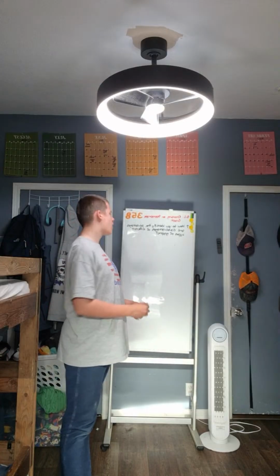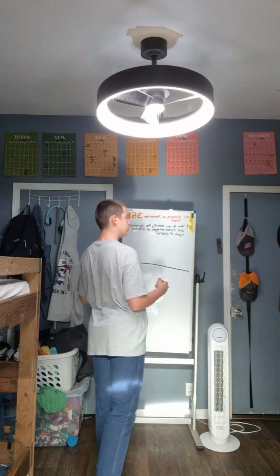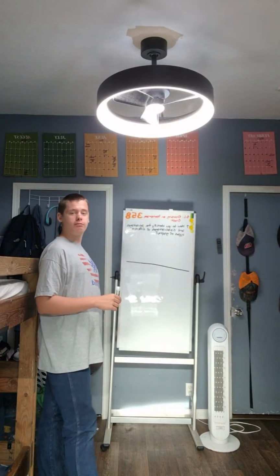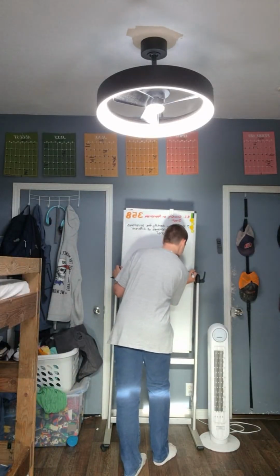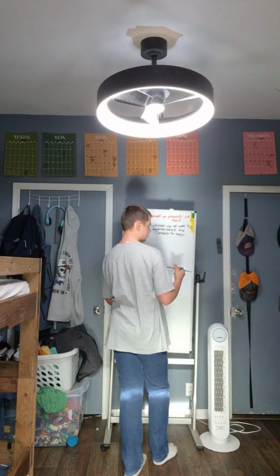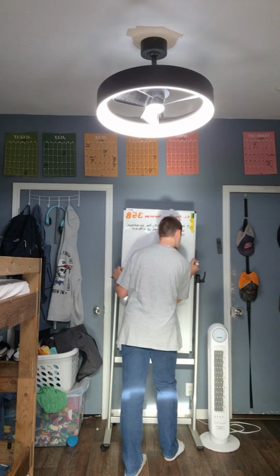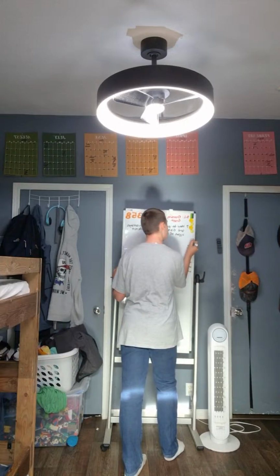So, we have a bar graph. This is the line for the bottom of my graph. I label this 0. And then I go up to 200, 400, 600, 800, 1,000, 1,200, 1,400.